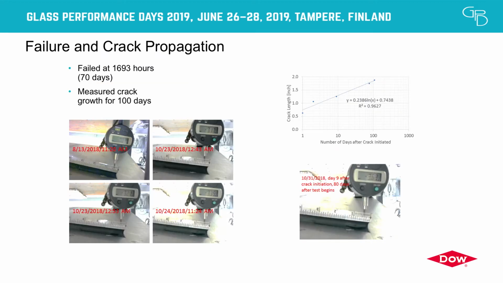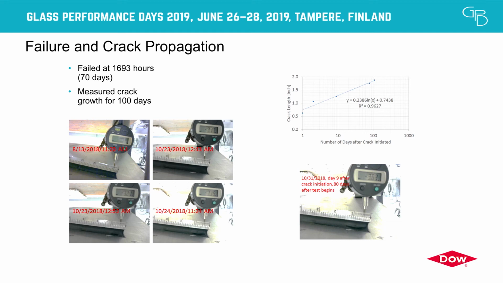So at 104% max principal strain, we found that the unit failed at around 70 days. So rupture didn't occur immediately. It took 70 days for the rupture to occur, and interestingly enough, it was right in the same area where we predicted the highest max principal strain.